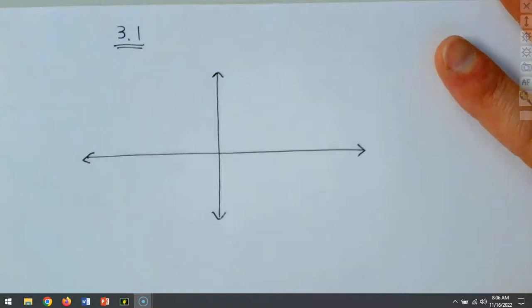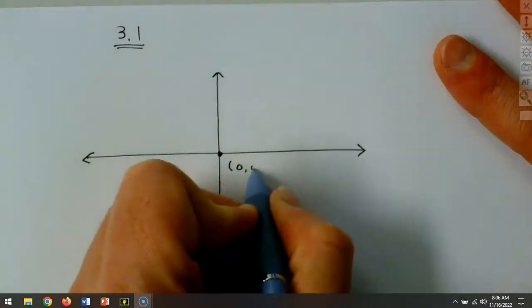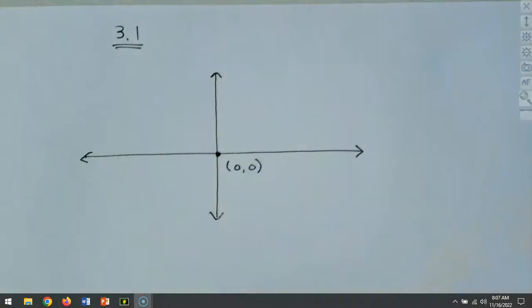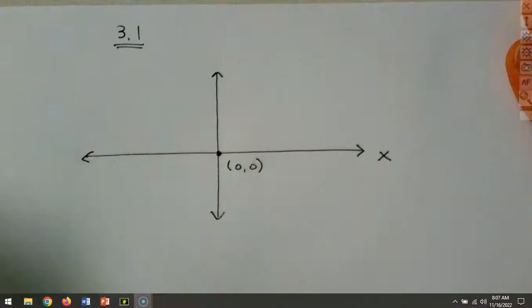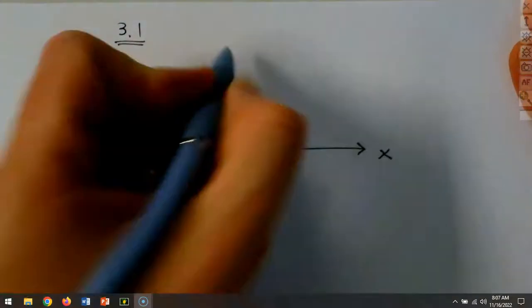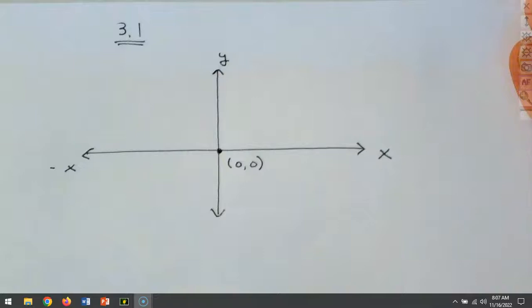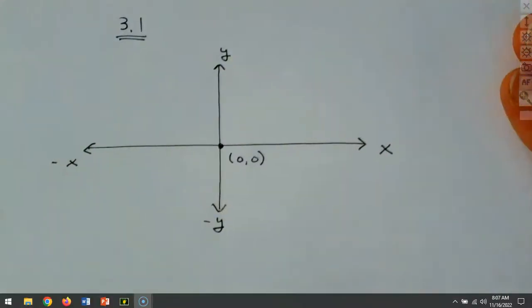And so when we look at this Cartesian plane, right here in the middle where they intersect, that is 0, 0. And that's called your origin. Now, positive x goes this way, negative x goes back to the left, positive y goes up, negative y goes down. So this is our Cartesian plane.